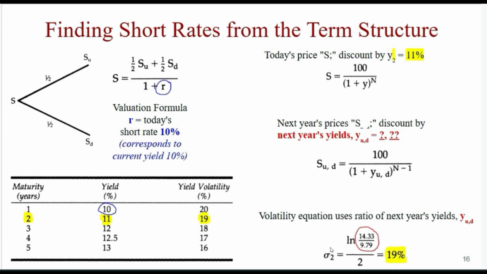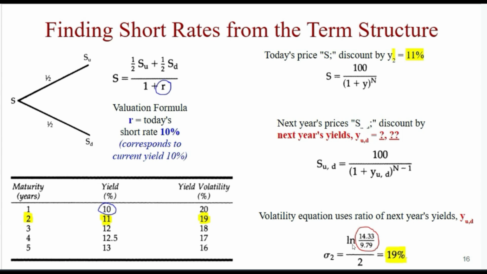So we can solve for the intermediate yields using a computer program that will use all these equations to solve for the correct yields Y sub U and Y sub D. In our example, Y sub U and Y sub D turn out to be 14.33% and 9.79%.